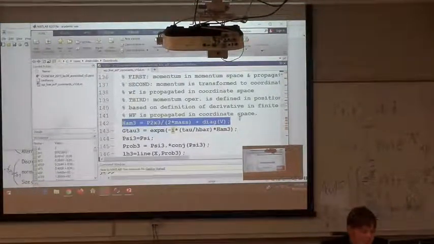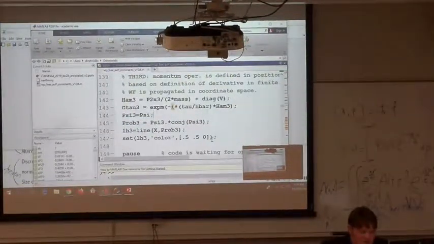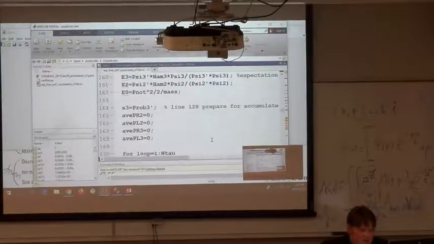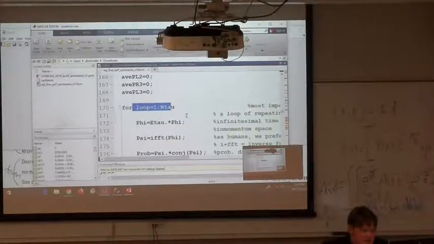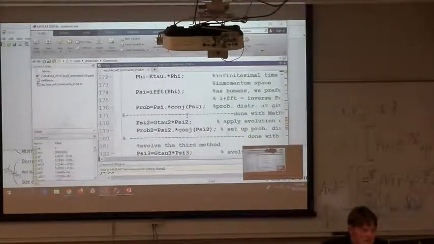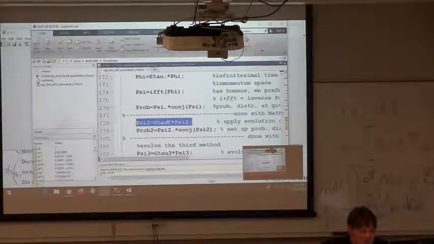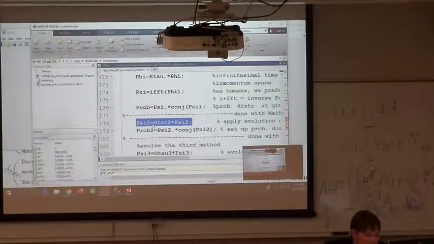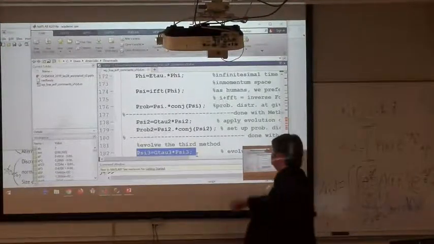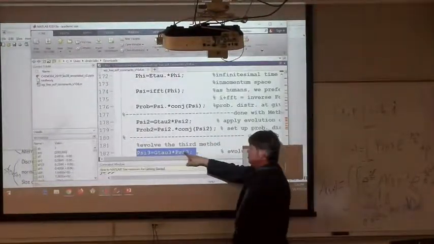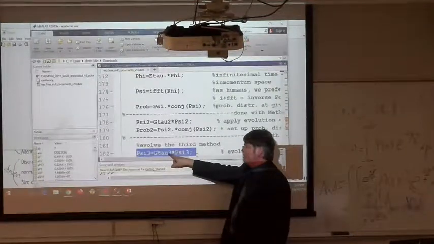And basically we are done with that. Let me just once again repeat what we did before. The loop is a sequence of propagations. Propagation of the wave function by method number 2 for this px is here, line 178, and here is the propagation forward by method 3.